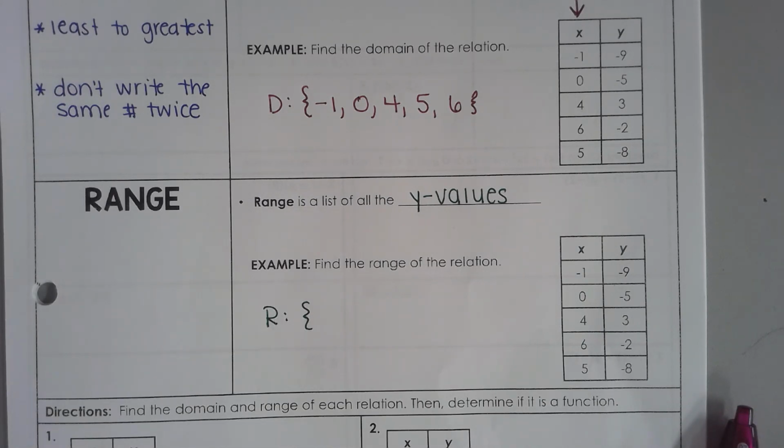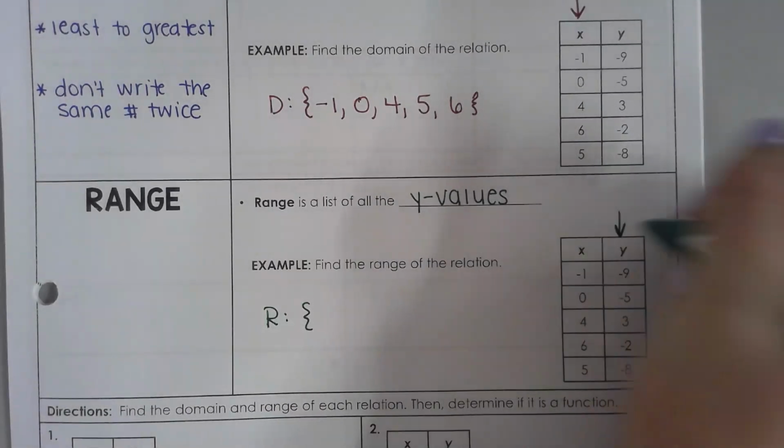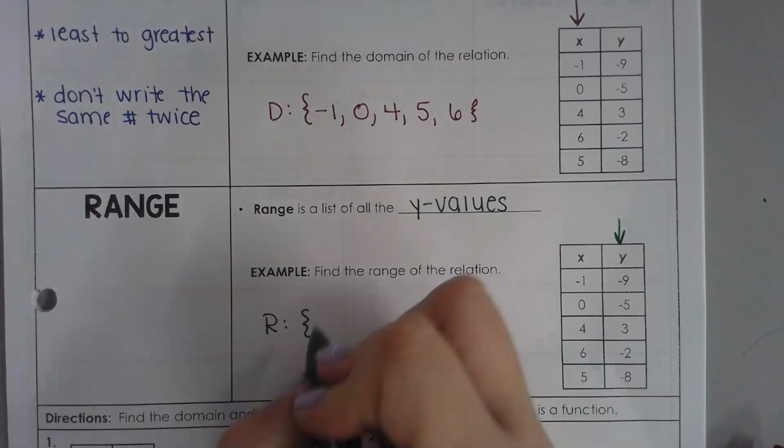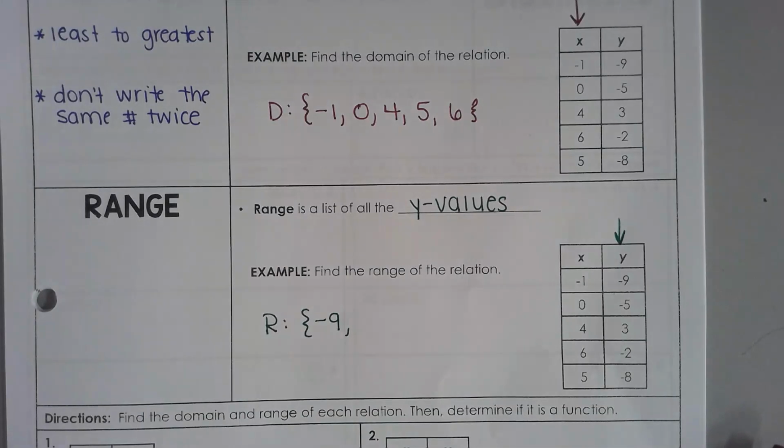Alright, my smallest y value. So y's are over here on the right. I have negative 9, negative 5, 3, negative 2, and negative 8. But we want to list them smallest to largest. Alright, Hayden, what is the smallest number? Negative 9 is the smallest. Good.